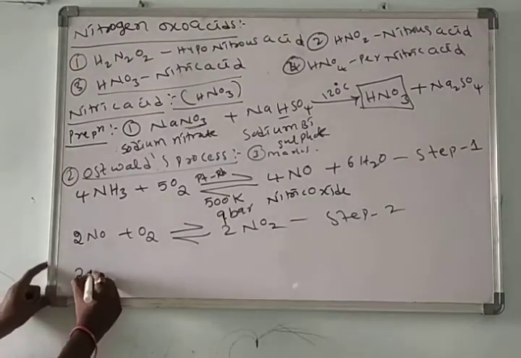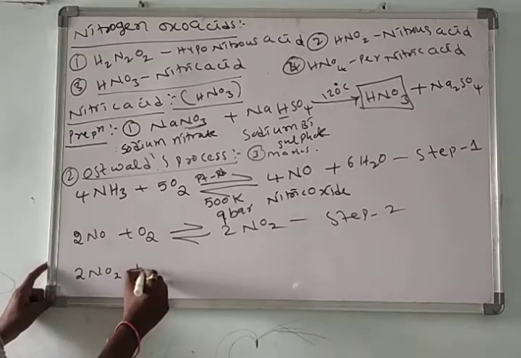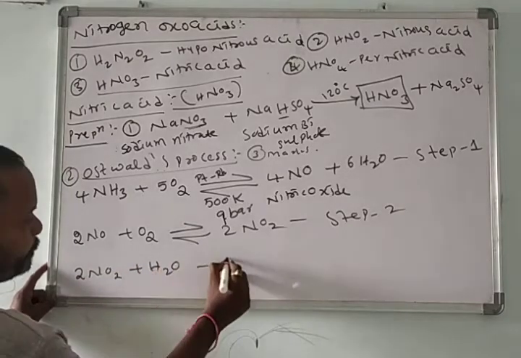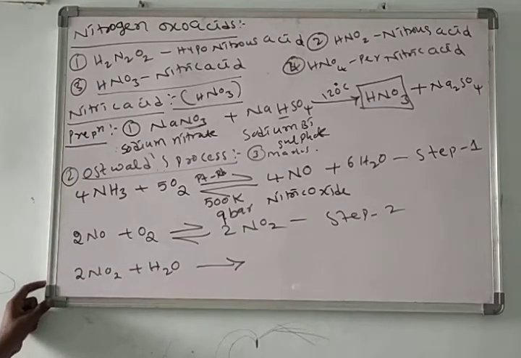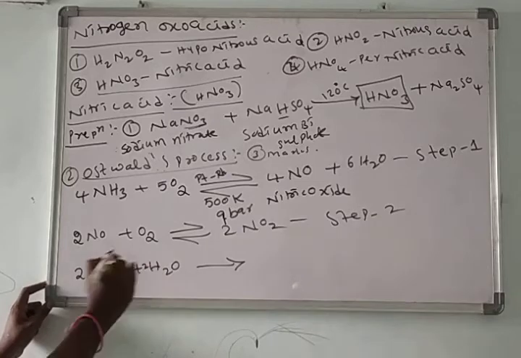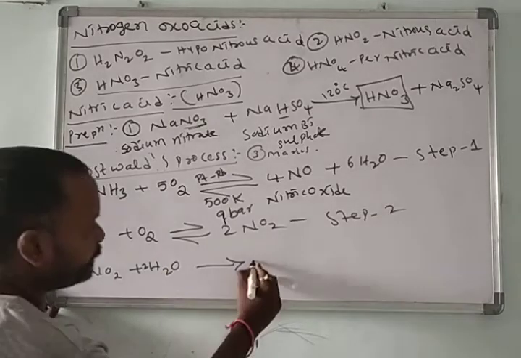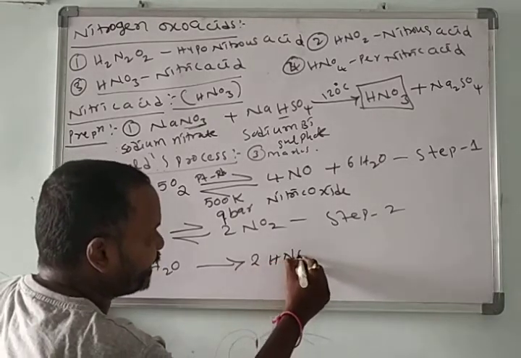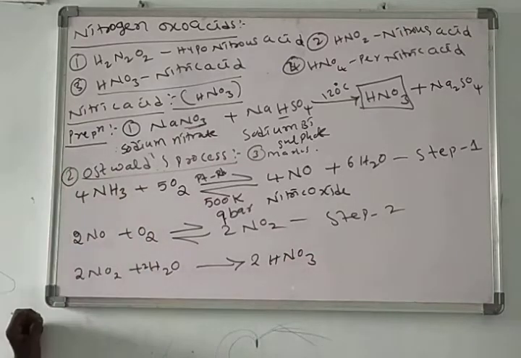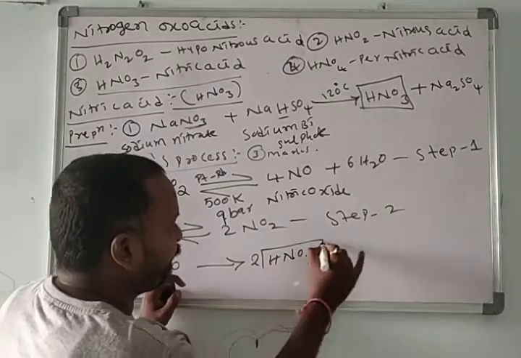Then 2 moles of nitrogen dioxide are involved in hydrolysis and form 2 moles of nitric acid.